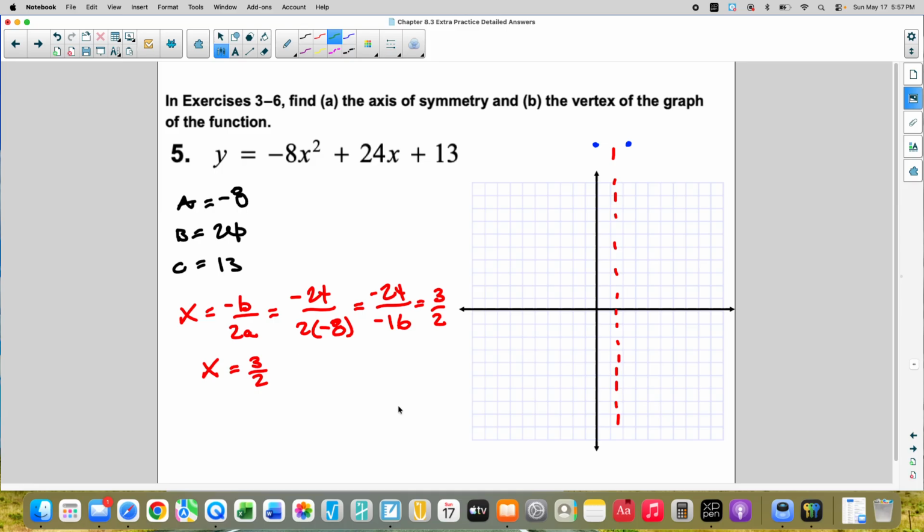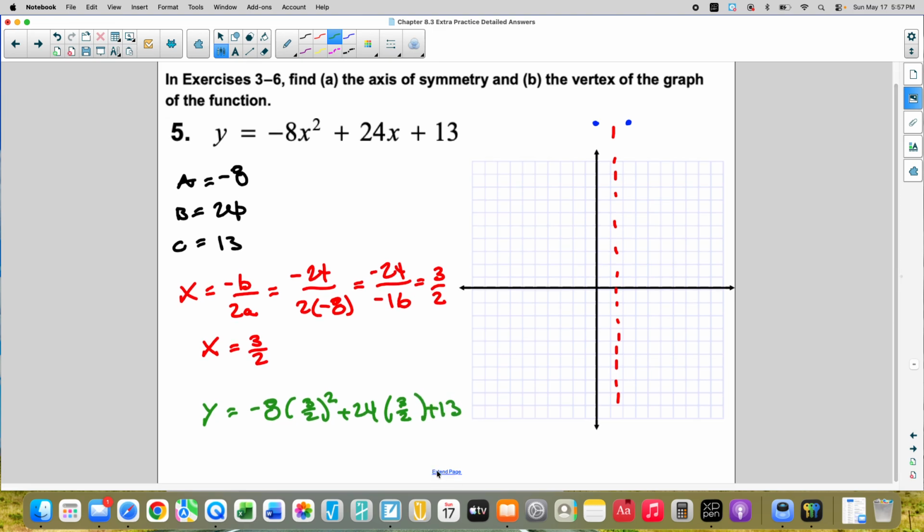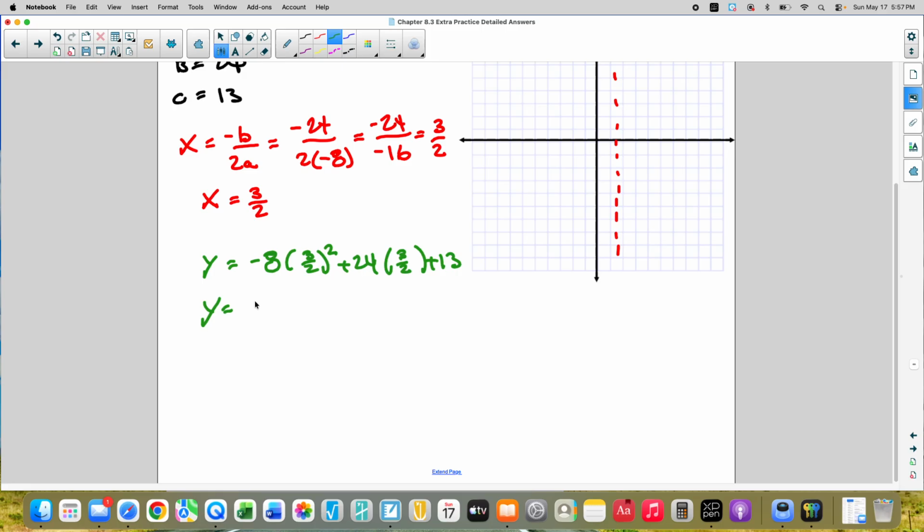Let's now calculate my y. y equals negative 8 times 3 halves squared plus 24 times 3 halves plus 13. Y equals negative 8 times 9/4.